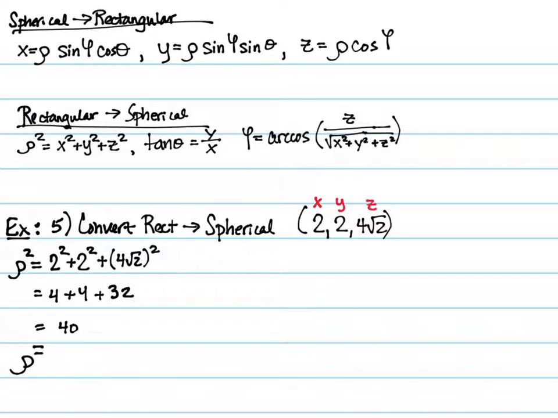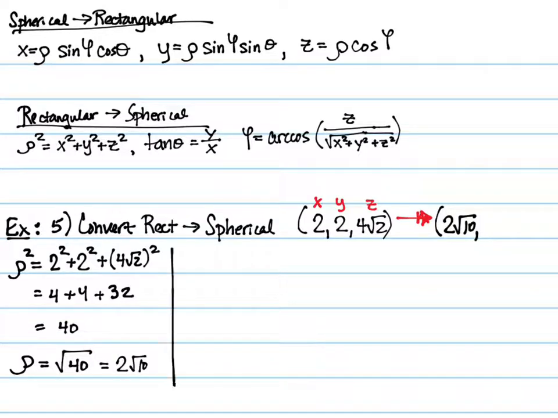So rho would be square root of 40. And if simplified, what would I get? 2 radical 10. So actually, let me just put it over here as to what I'm getting as my answer. So we've got 2 square root 10. Okay, is that okay so far? We don't get any freebies like we did with the cylindrical and the rectangular, by the way, so we actually have to calculate them all.